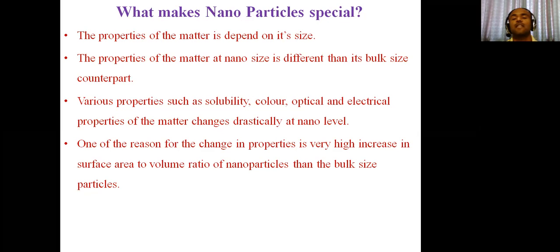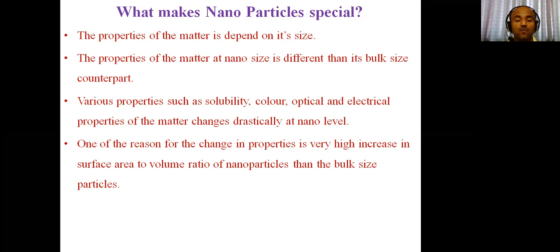What makes this nanoparticle special? The property of matter depends on its size, and the properties of matter at nano size are different from its bulk size counterpart, which we have already discussed. Various properties such as solubility, color, optical, electrical, mechanical, etc. All these properties show drastic change at nano level.